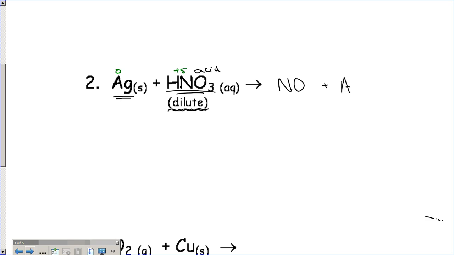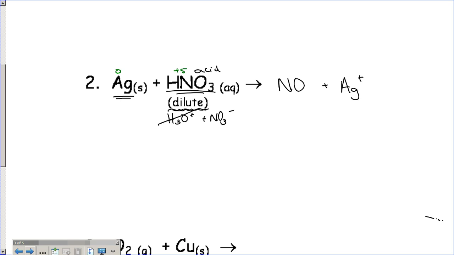Remember that silver, even though it's in the D block, is not multivalent. So those are the products we have. And then we would see that nitric acid ionizes as a strong acid, so the hydronium is spectator here, and we would get rid of that.